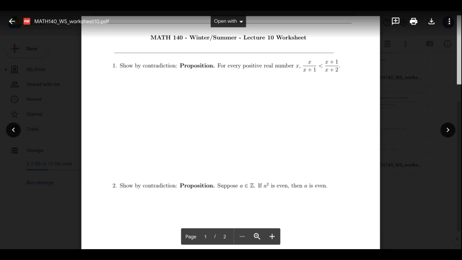Maria says, when it says the original assumption is false, does that mean the problem is wrong or where? No. We want to prove the proposition. But to prove it for all positive numbers is very difficult. So we want to prove by contradiction. How do we prove by contradiction? We negate the proposition.